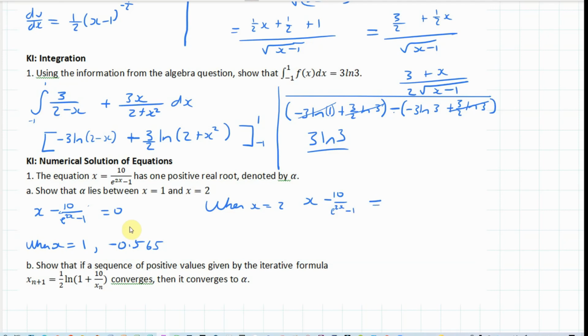What does that give us? A positive number. Sign change. Therefore, root lies between 1 and 2.